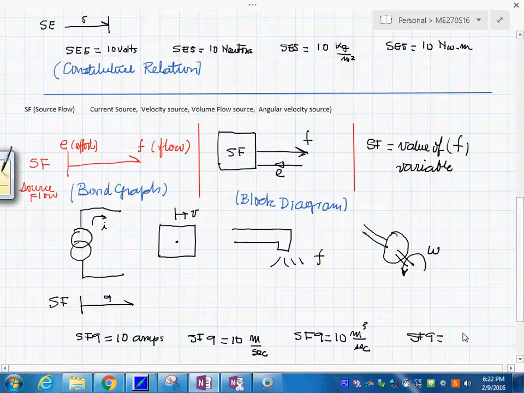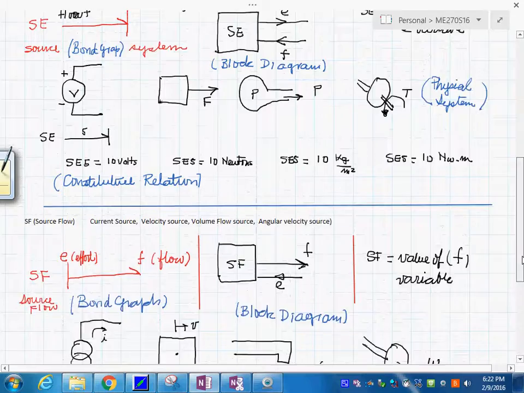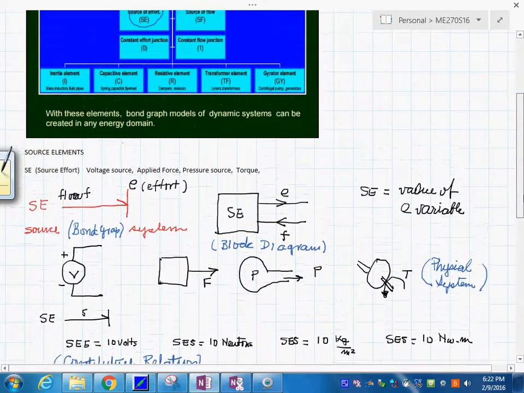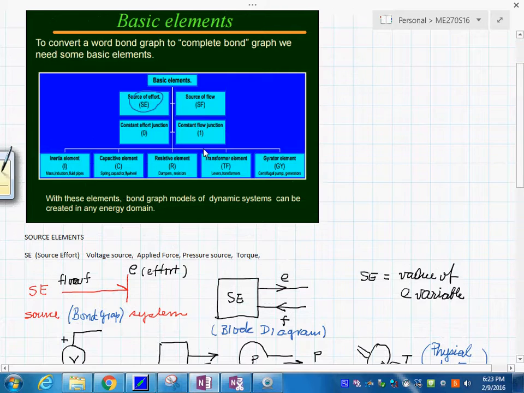So it makes sense that we would do all the elements first, and then we'll do the connections. We'll take a break in here to continue.